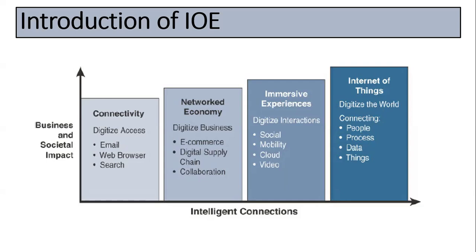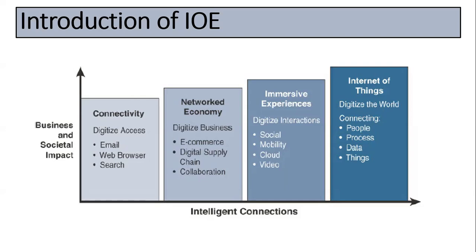Later on, the process evolved, and a new phase of connection was established where the e-commerce platform came into the picture and supply chain management started. Here, the main thing is that the products which were sold in retail shops, in a market or in a shopping mall, were put on the internet, and then e-commerce evolved.